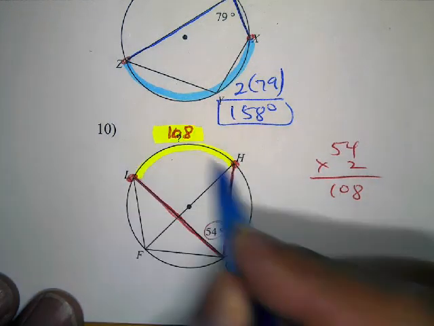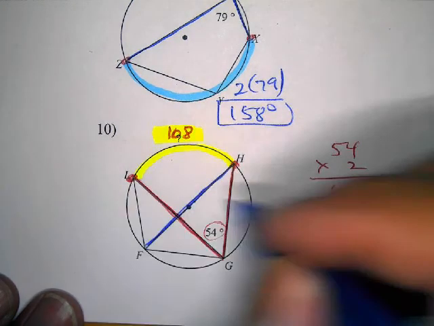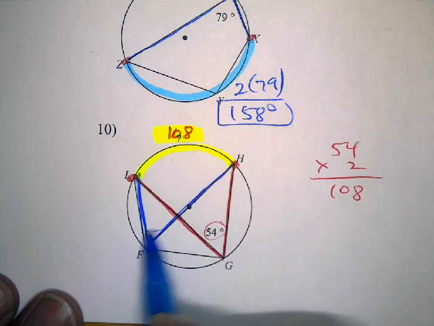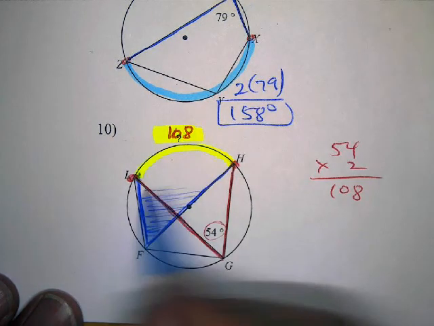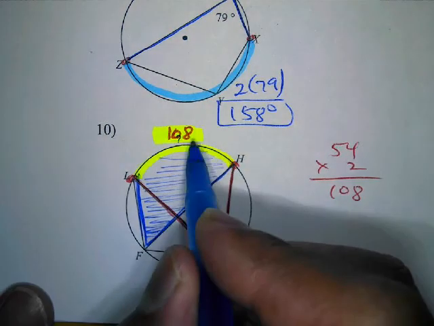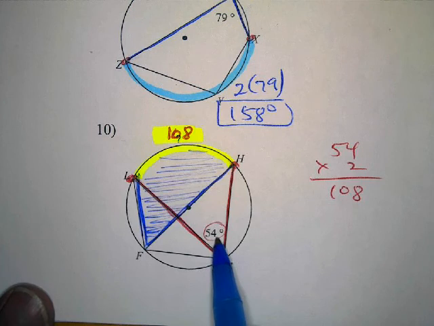But then again, like I was telling you earlier, and I know they're not asking you, I'm just telling you. Won't you agree that this arc also connects this line with this line right here? Doesn't this angle also make that arc?